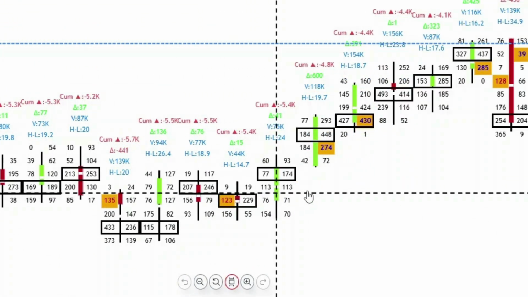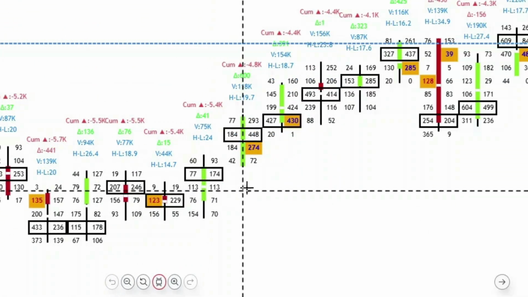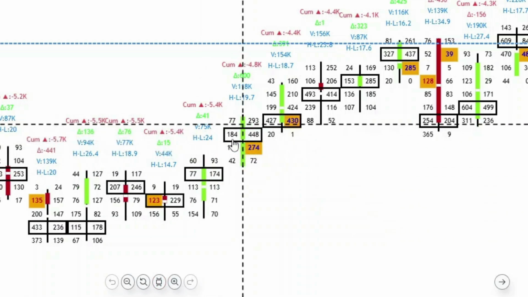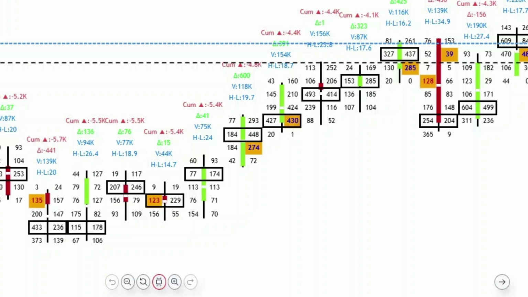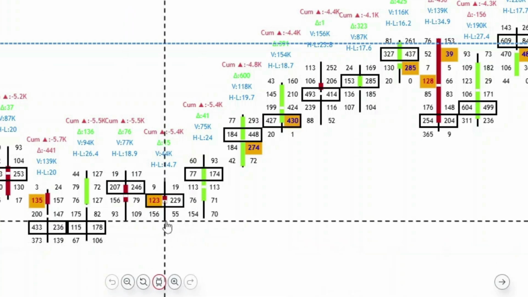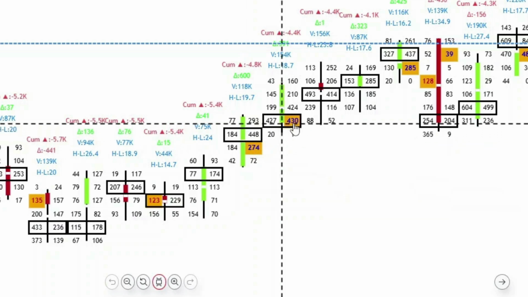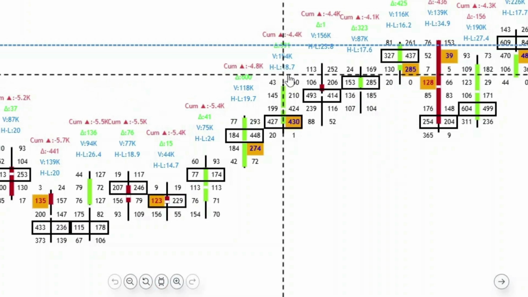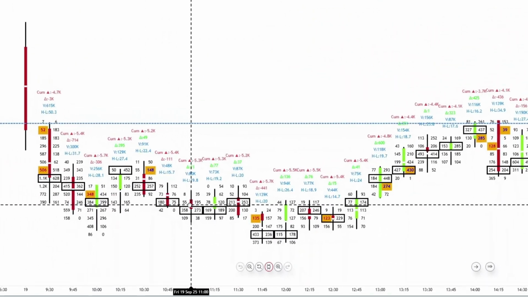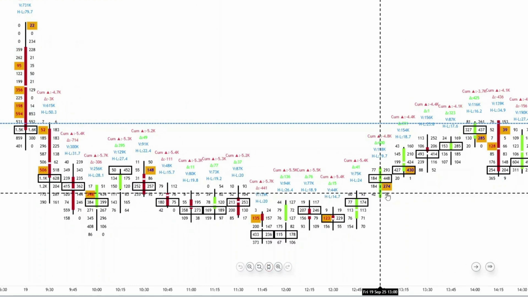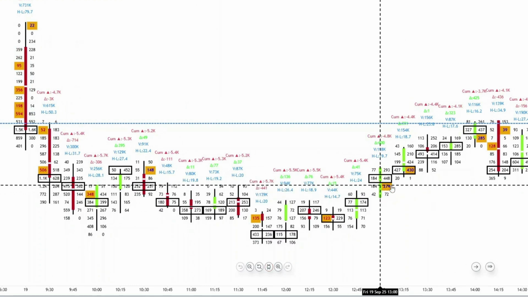Somewhere around 1 o'clock, prices closed above the buying side imbalance. This clearly indicated the sentiment has shifted from the sellers to the buyers. And then we have one more imbalance on the right side, and price has closed above the imbalance. So for sellers' sentiment, you look at the left side imbalance. For buyers' sentiment, you look at the right side imbalance.